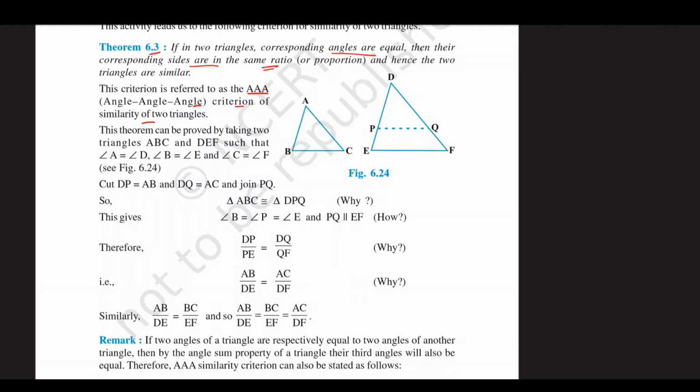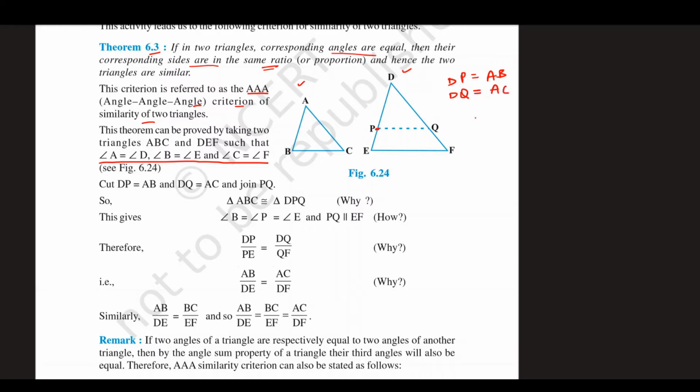ABC and DEF are two triangles such that all the corresponding angles are the same. Now we make DP equal to AB. We cut out DP from DE, and such that DQ is equal to AC.